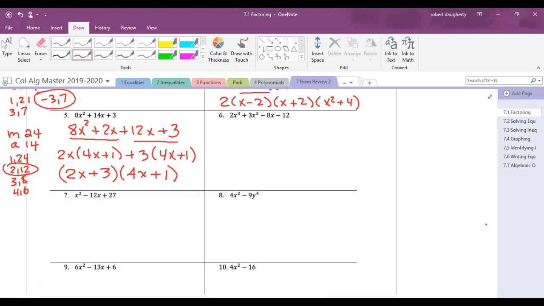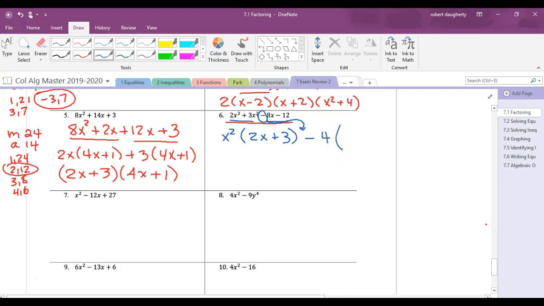So this one was factoring a trinomial where the first term was not a 1 in front of the x squared. This one, I see 4 terms. There's only one method I ever taught you with 4 terms. It's grouping. It either works or it doesn't. So let's try grouping on this guy. Let's look at the first 2 terms and the second 2 terms. What do the first 2 terms have in common? That is an x squared. That leaves me with 2x plus 3. With grouping, the next thing you do is, whatever that sign is, you copy it down. That's a minus sign. Okay. What do the 8 and the 12 have in common? It looks like a 4.